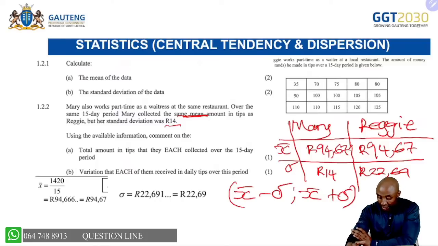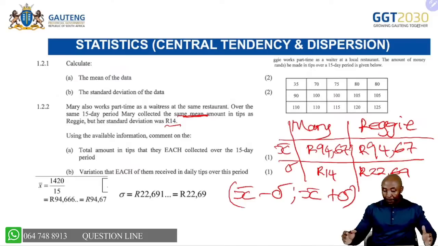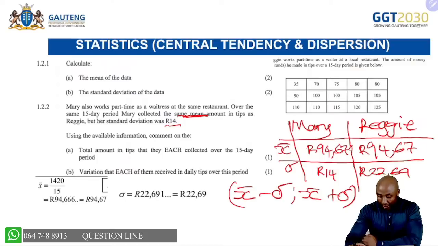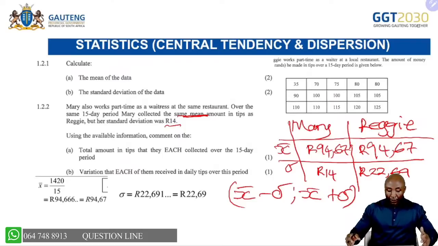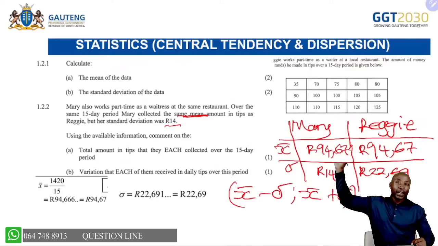If you look at the range from 35 to 125 Rands, the range there is about 90 Rands. That's how the tips are spreading. You are able to see that there are so many variations. Today they get this, on another day they get even higher values.